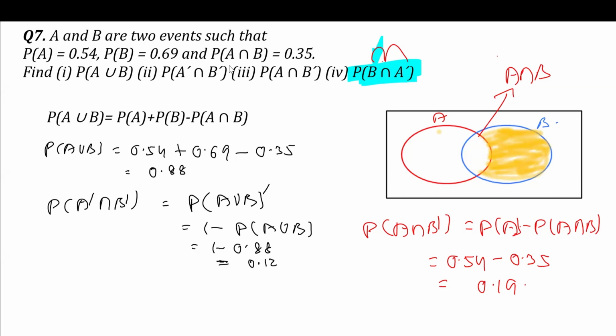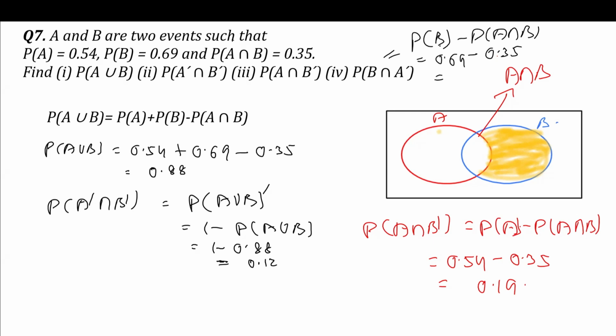So from here, this is equal to what? P(B) minus P(A intersection B). And how much is P(B)? P(B) is 0.69. So this is 0.69 minus their intersection, which is 0.35. That results to give you how much?